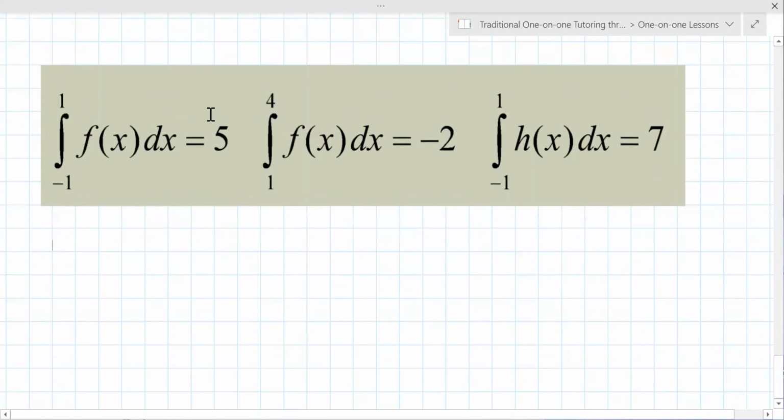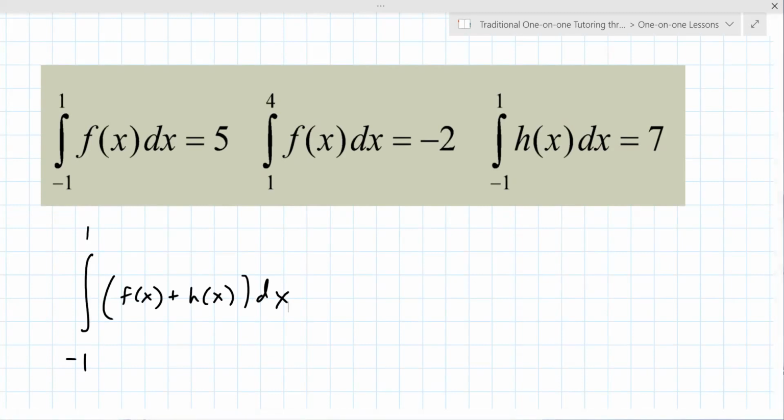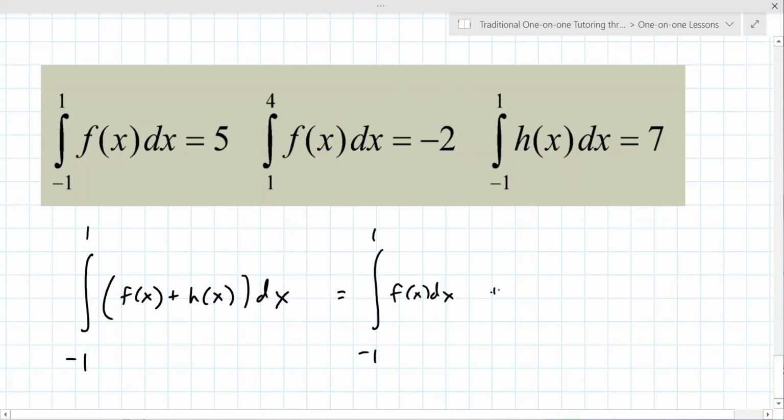So let's say I give you the following. I want the integral from -1 to 1 f of x plus h of x dx. So that property, what it says is that you can separate these integrals. So it's the integral from -1 to 1 f of x dx plus the integral -1 to 1 h of x dx. So it's almost like you're distributing this dx to both.